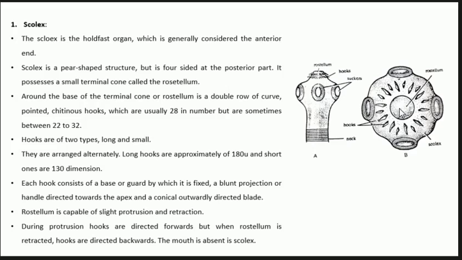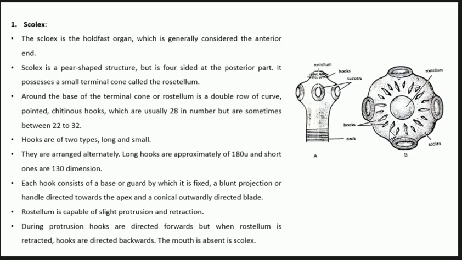Now what are these things? On the terminal rostellum, a double row of curved pointed hooks is present. These are chitinous hooks, which are usually 28 in number, but sometimes between 22 and 32, depending upon the size. The hooks are of two types. As you can see here, this is a small one and this is the large one.